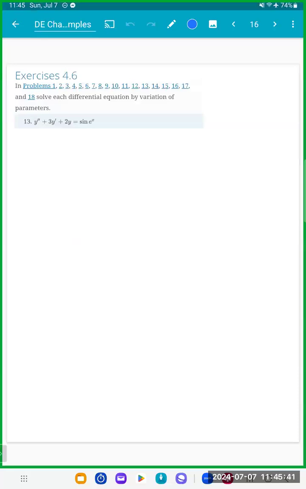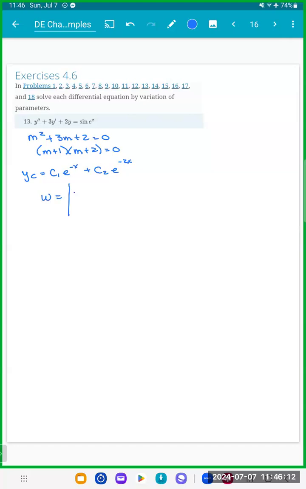Next problem, also out of chapter 4.6. So for this one, we have m squared plus 3m plus 2 equals 0. This is (m plus 1)(m plus 2) equals 0. So our complementary is going to be C1 e to the negative x plus C2 e to the negative 2x.